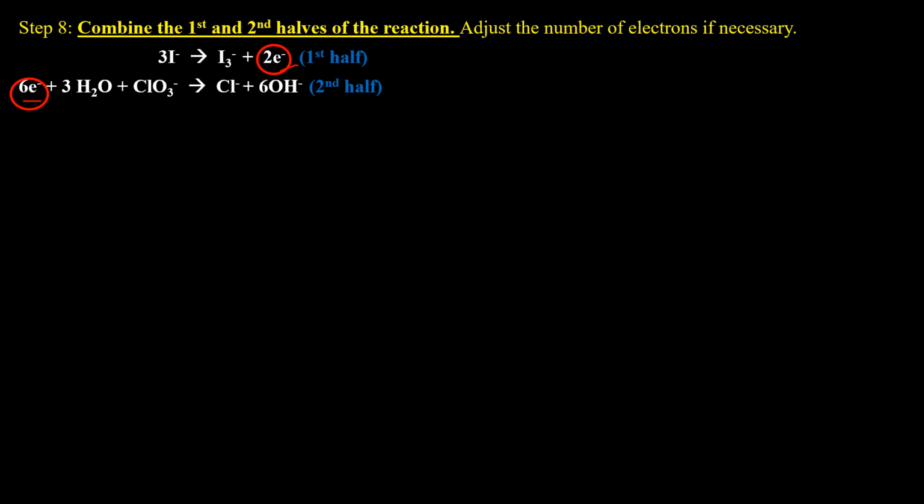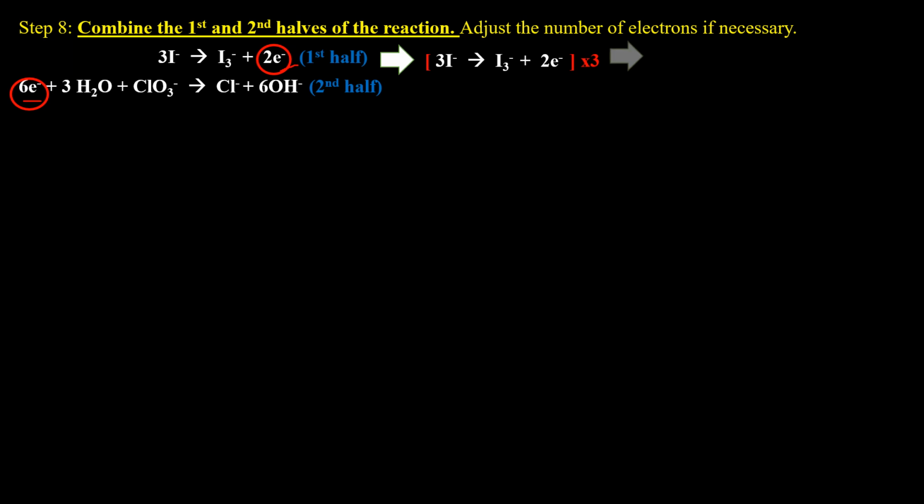Now, in this step, we need to cancel out the electrons by making them the same. Since the first half has 2 electrons and the second half has 6, to make them equal, we need to multiply the first half by 3.